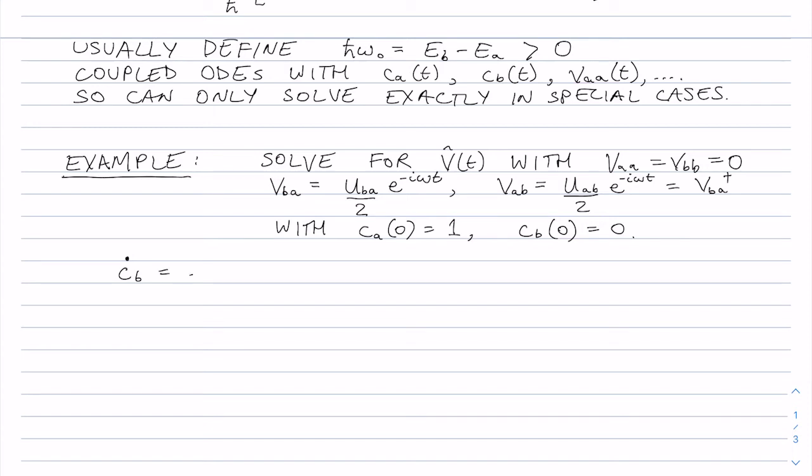CB dot equals minus i over h bar, VBA e to the i omega naught t times CA, and CA dot is equal to minus i over h bar, VAB e to the minus i omega naught t, CB. Remember, omega naught is EB minus EA and is greater than 0.